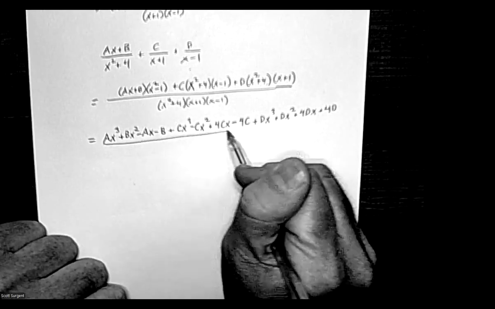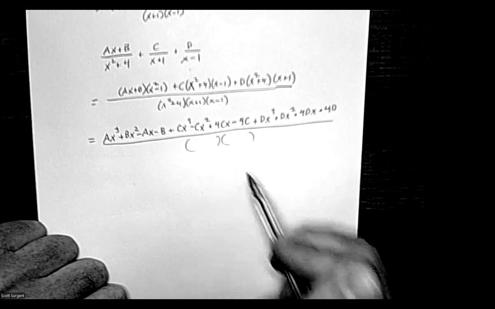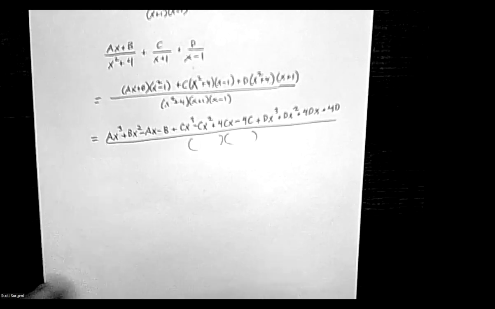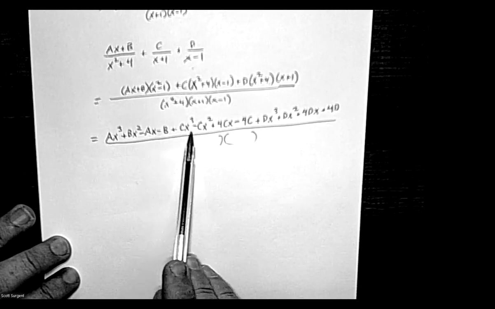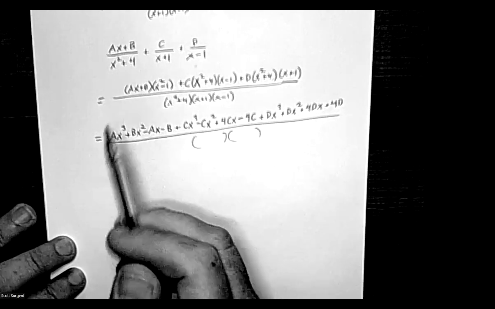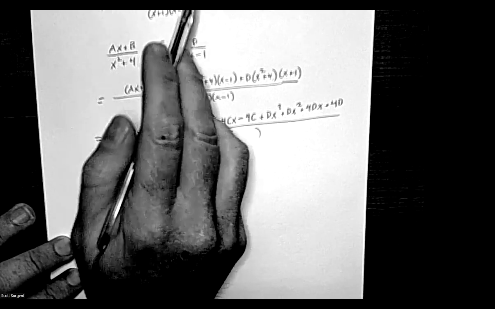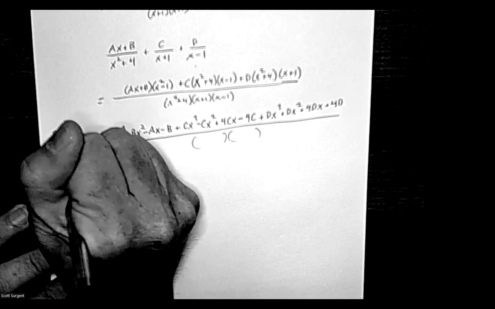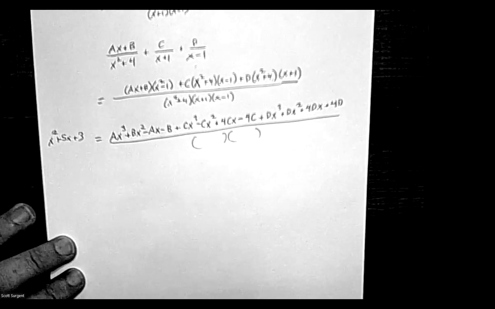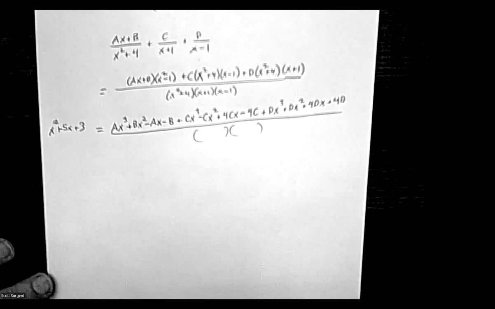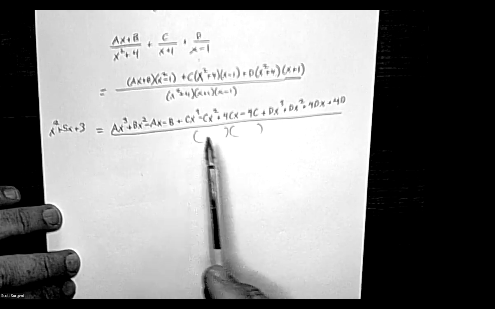And that's all over the stuff on the bottom, which I'm just going to be lazy about. I have 12 terms here, and this all has to match up to the original numerator, x squared plus 5x plus 3. So I'm going to go by powers.